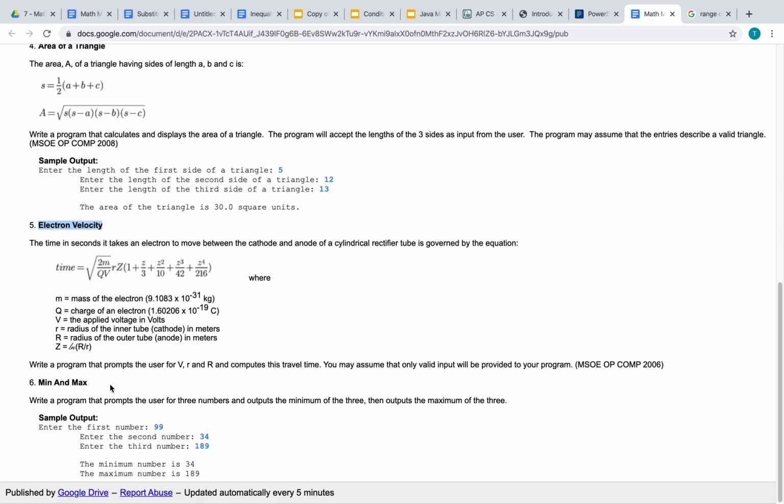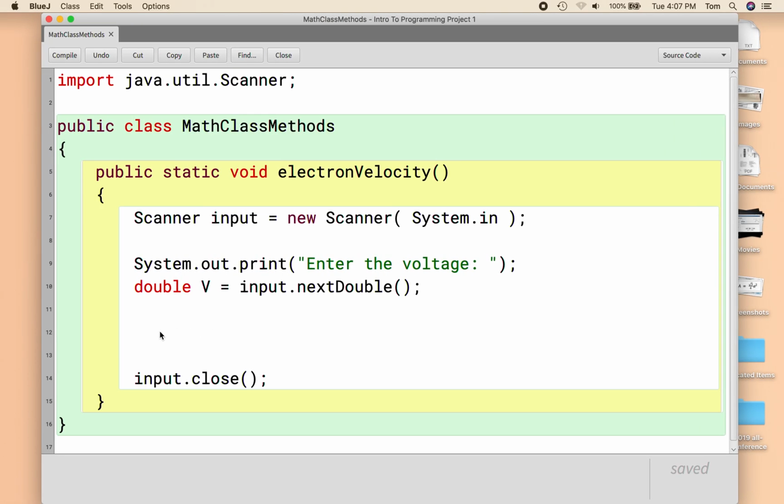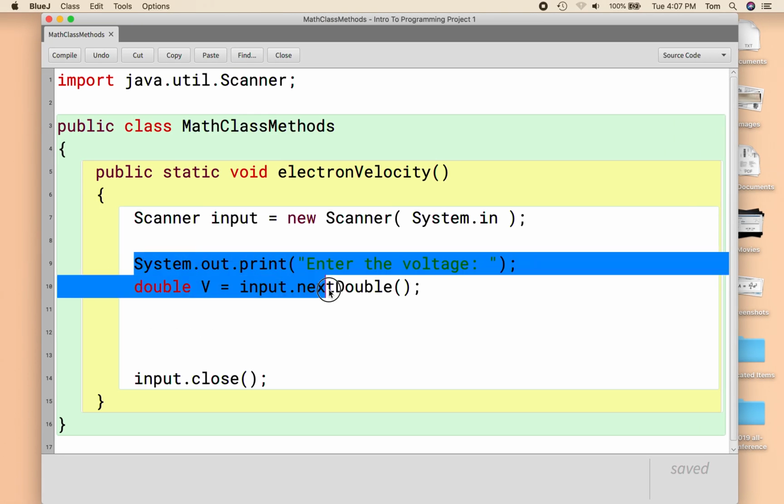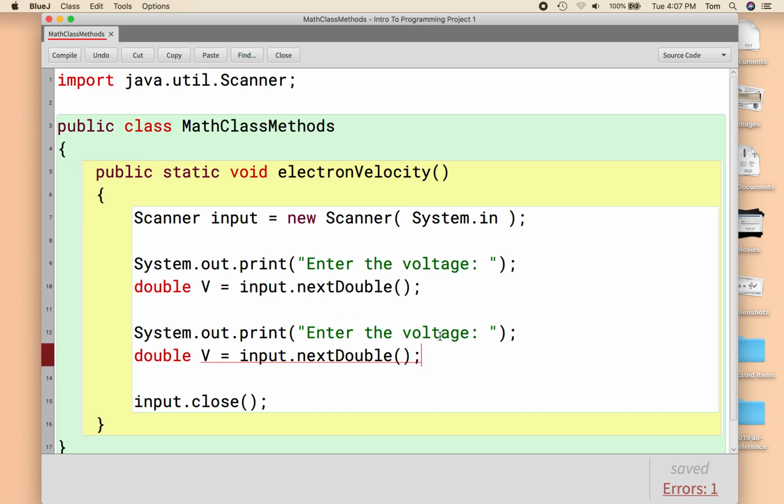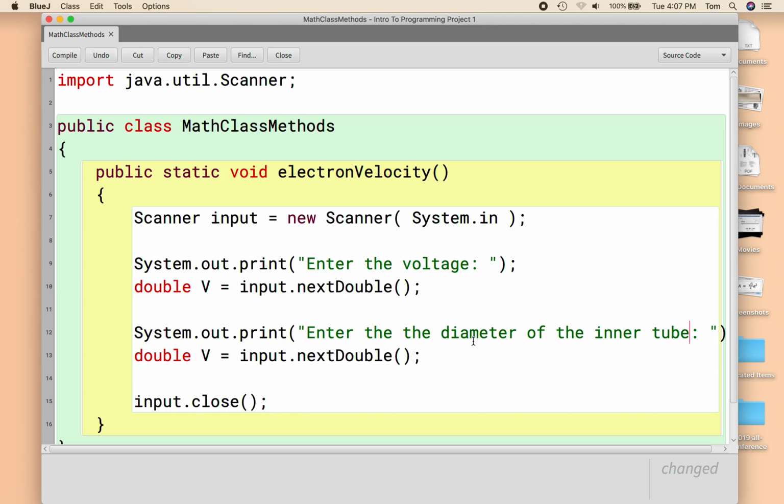So the next thing that we need to do here is get little r and big R. Little r stands for the inner tube radius. So like we've talked about before, let's go ahead and copy and then paste. We're going to say enter the diameter of the inner tube. Is it diameter or is it radius?